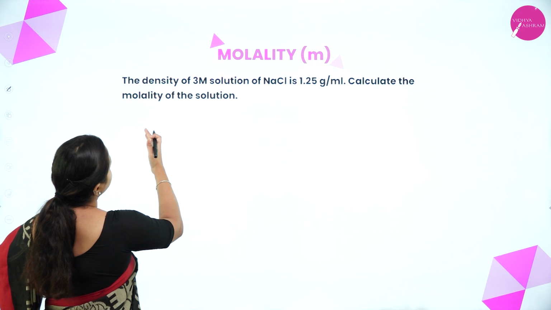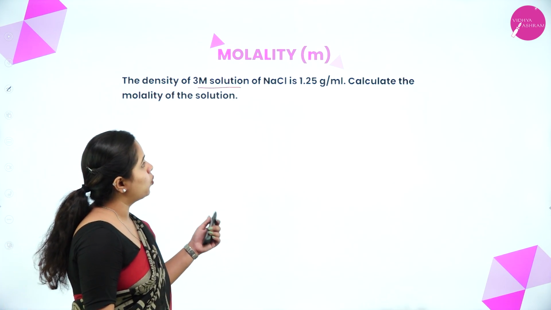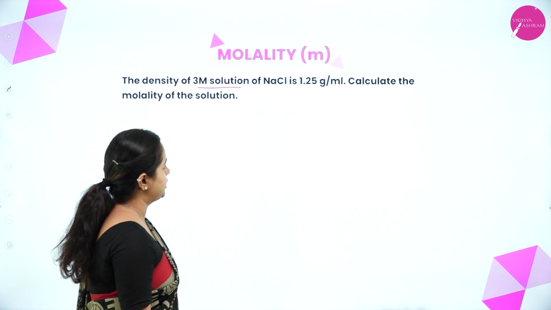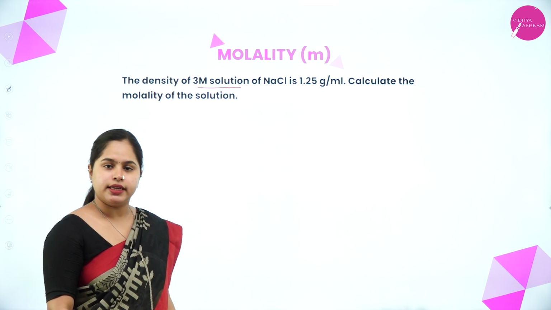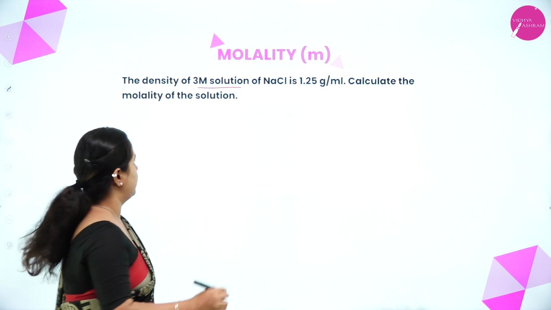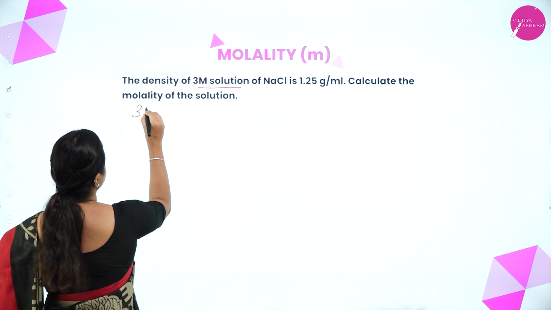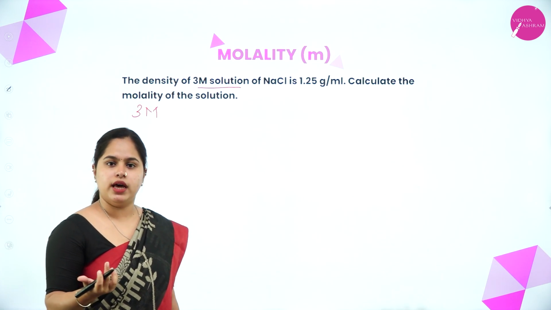Molality. Okay. The density of 3 molar solution of sodium chloride is 1.25 gram per milliliter. Now you have to calculate the molality of the solution. How do you proceed with this? The molarity of the solution is given, 3 molar solution. So what is molarity?